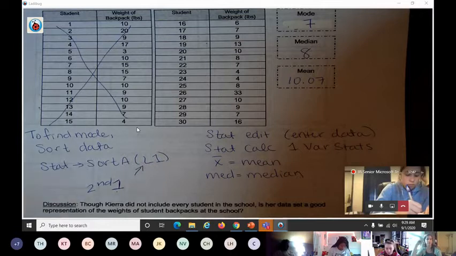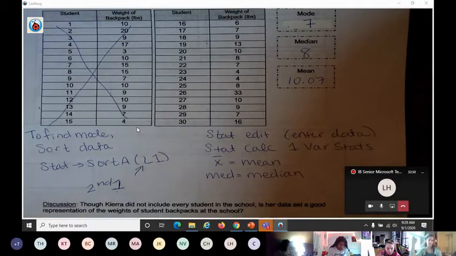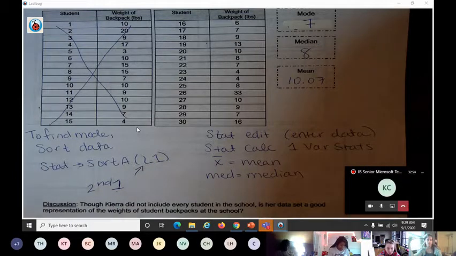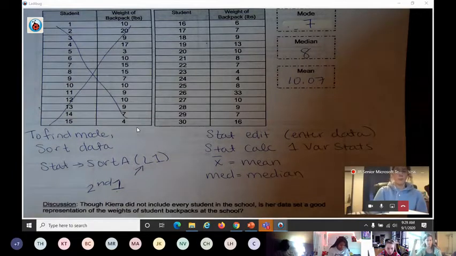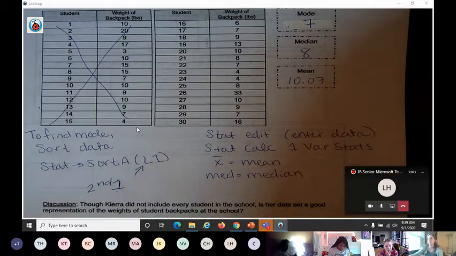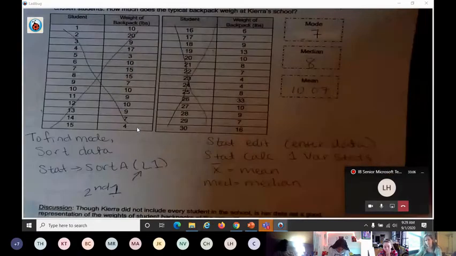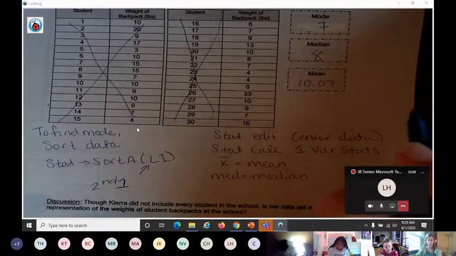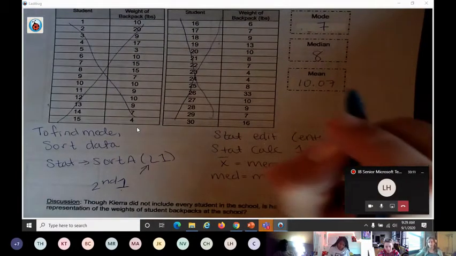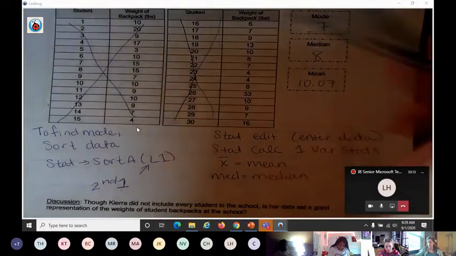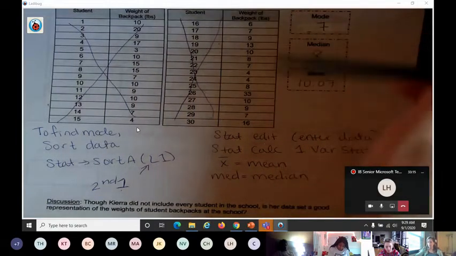What questions do you have? One key thing, we didn't include any of these numbers because she numbered the students off to tell you how many total students there were, but you don't use those to figure out the data for the weight of the backpack.